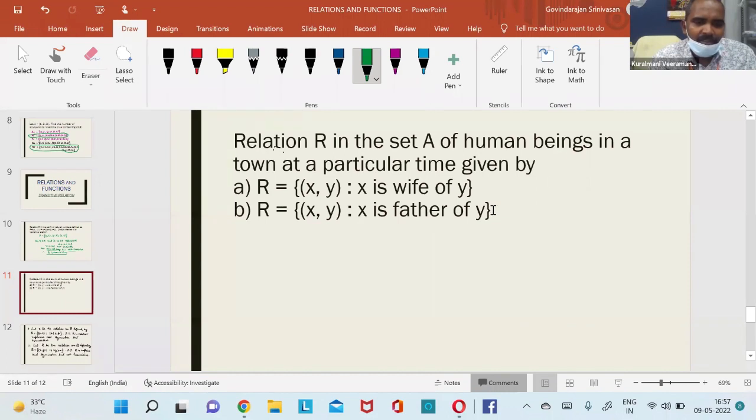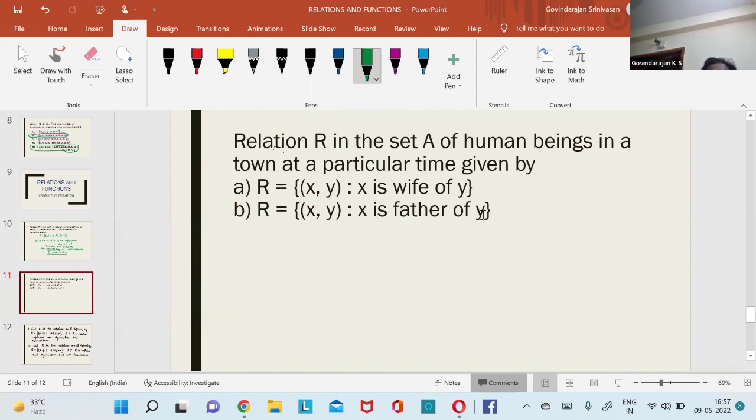Yes, sir, correct. In that case, it is not transitive. The second case, if Y is a female, X can be a father of Y, but Y cannot be a father, so it is transitive, because here only the double negation comes.